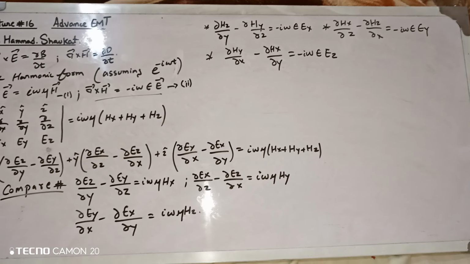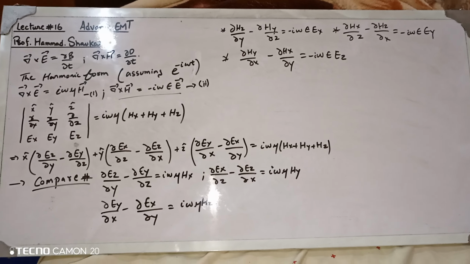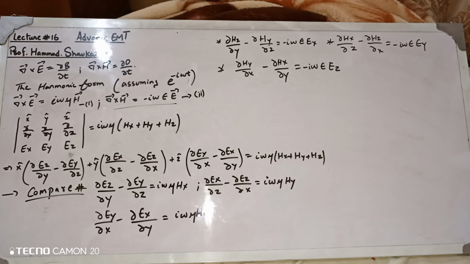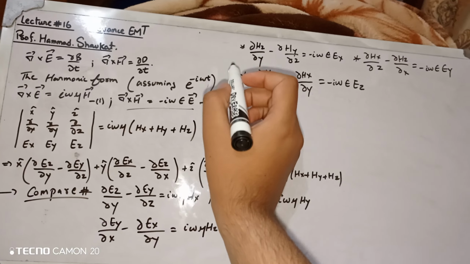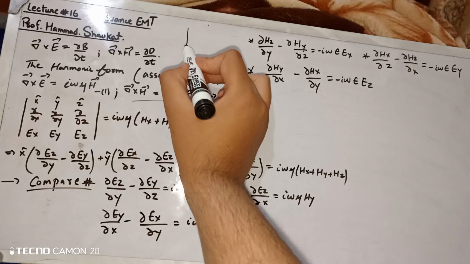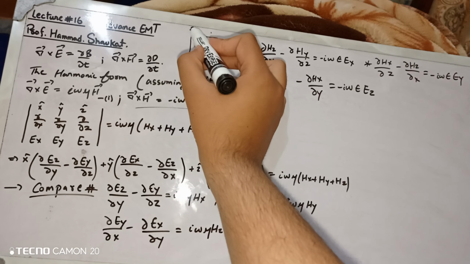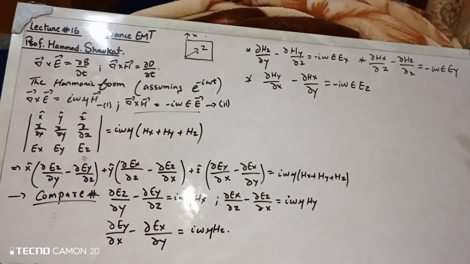Now what we have to do with these three equations, we just have to assume here that the axial side along, because we are taking our wave, let's suppose this is our box and this is in x direction, and our wave is, let's suppose, in the z direction.